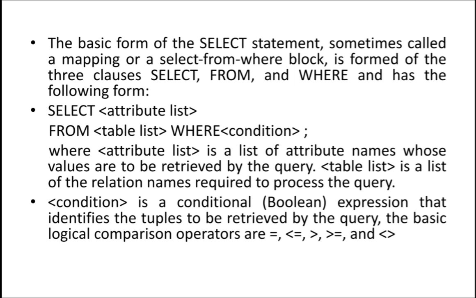And condition is nothing but a boolean expression, right? In a boolean expression, you can use logical operators and comparison operators like equals, less than or equal to, greater than or equal to, like that. So condition is a boolean expression.